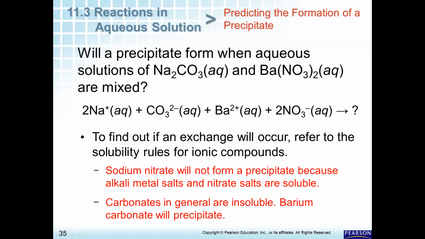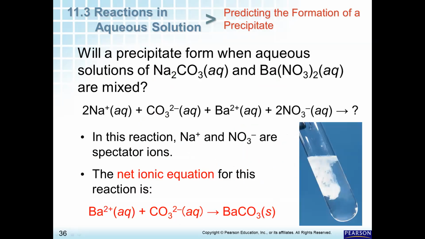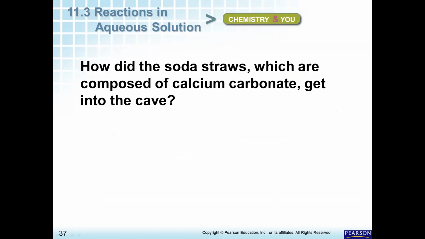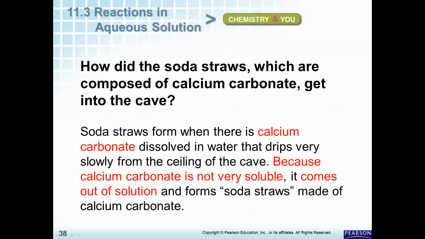This is the same question, just explaining to you what will happen. How did they show the straws? This is the same question about the stalactite and all that. The typical answer is, as I said, that calcium carbonate, which you know is insoluble, will come out of solution when the water is dripping.